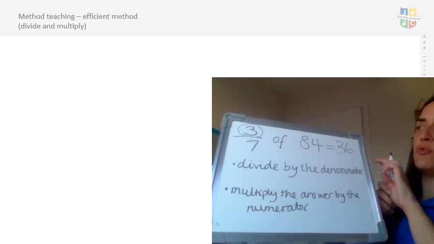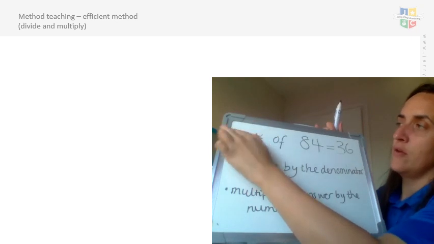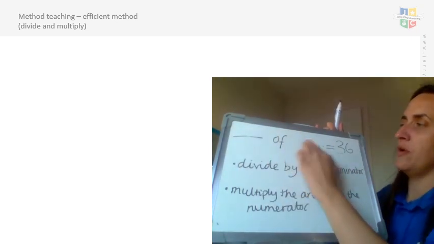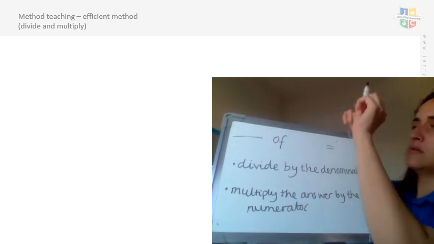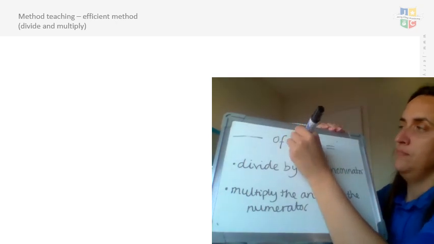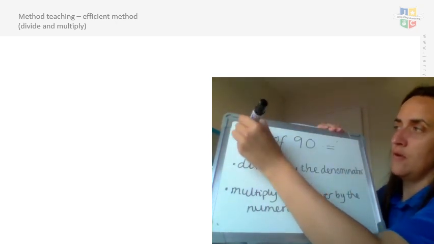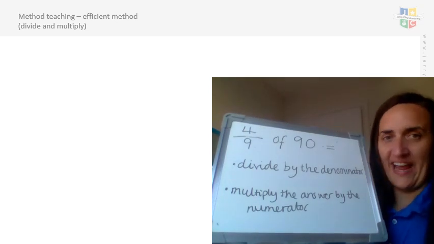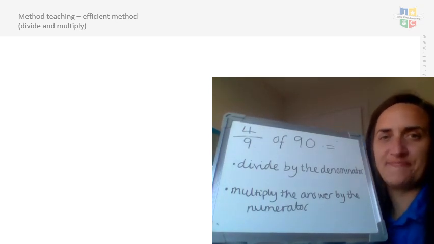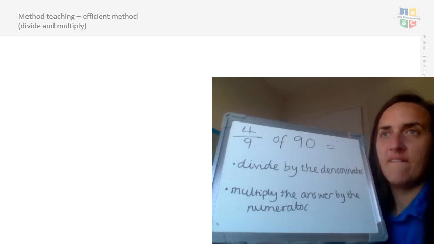So using those rules, let's have a go at another one. I'd like you to work out 4/9 of 90. What would you need to do? Fantastic.